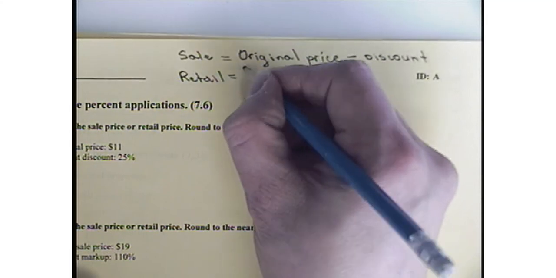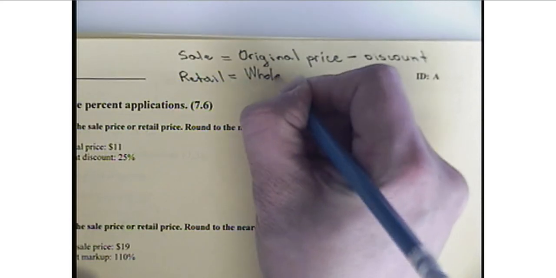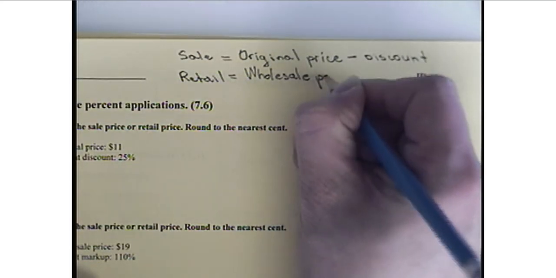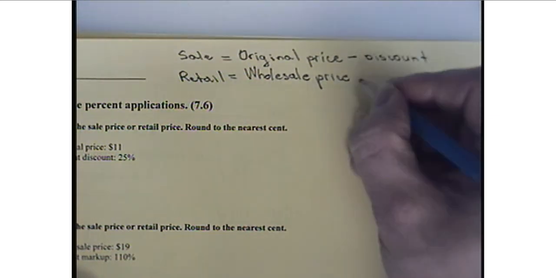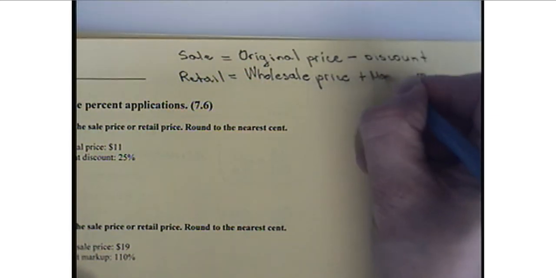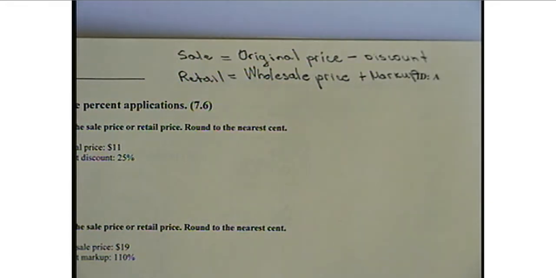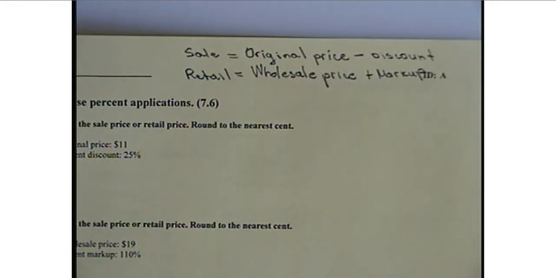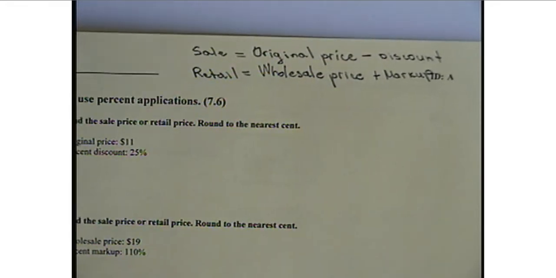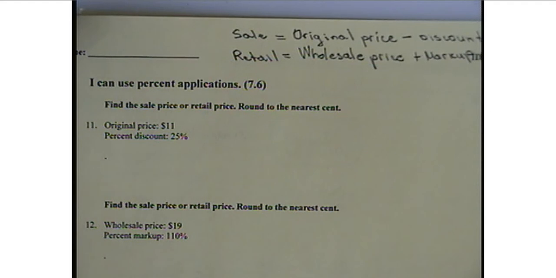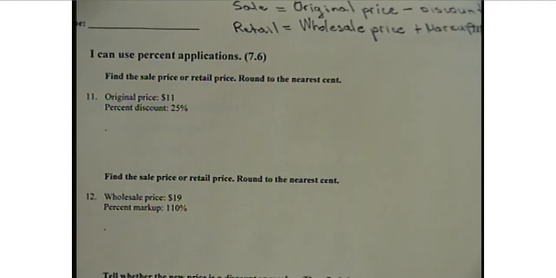And retail price will be the wholesale price plus markup. So this is when we're adding, when something becomes more expensive when you're doing retail. Okay, so I can use percent application.